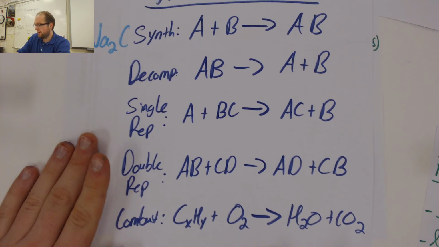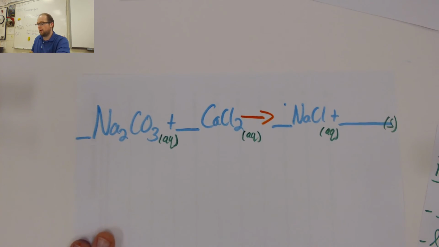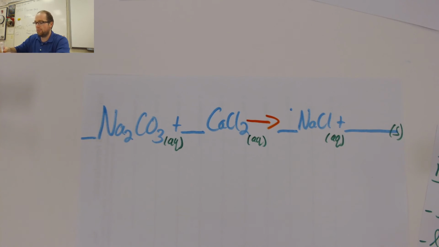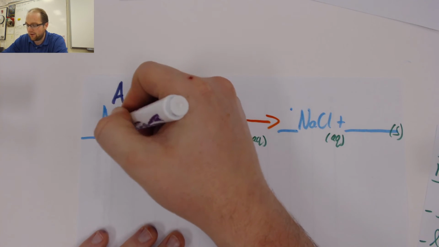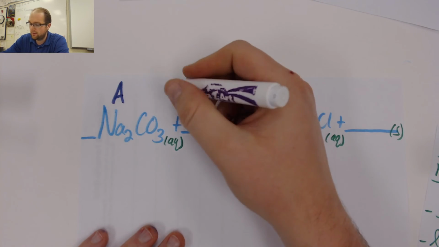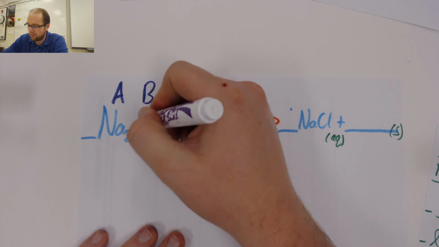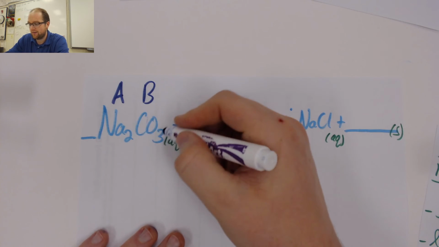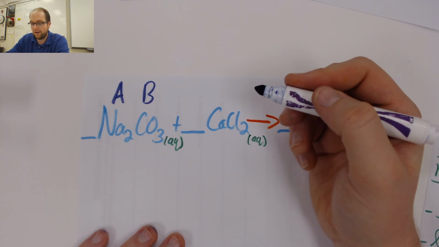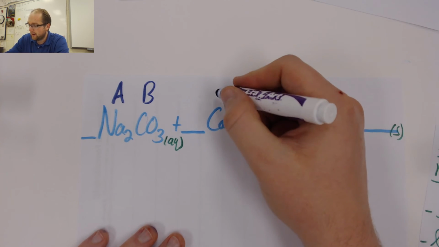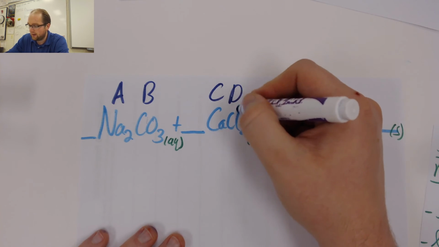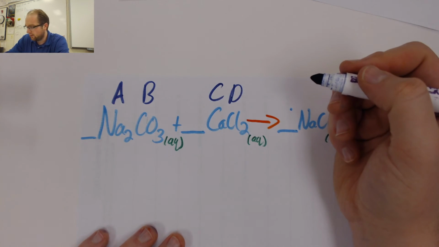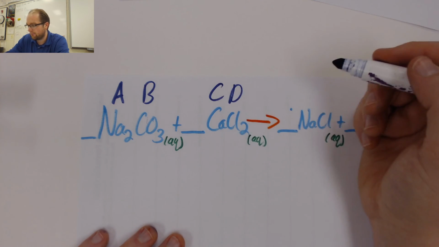So to help me predict this reaction, I'm going to write out my double replacement setup here. My generic A is representing the sodium, and the B is going to represent our carbonate. Remember, that is a polyatomic, so it sticks together. So my C is going to be calcium, and the D is going to be chlorine. According to our patterns here, we're going to see some swapping.